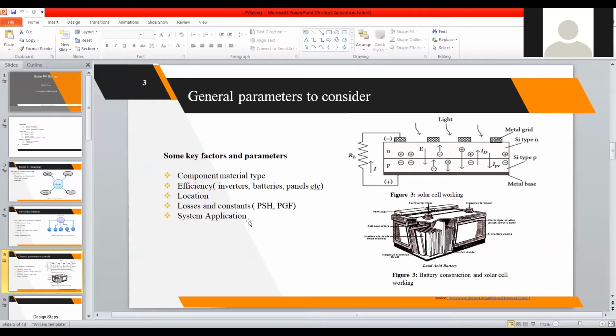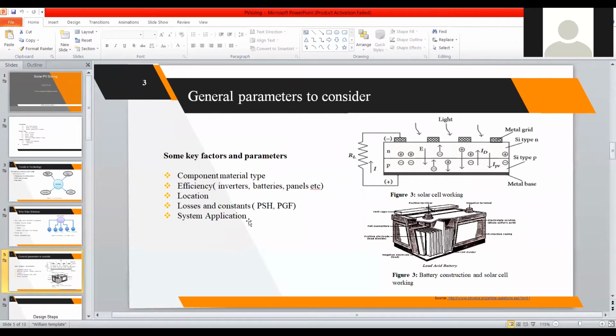Then you also want to look at certain constants, like the peak sunshine hours, and this has to come with location. It's the average intensity of light that you get in 24 hours. Then other factors also, like the panel generating factor. This has to come with the type of panels that you're actually using.